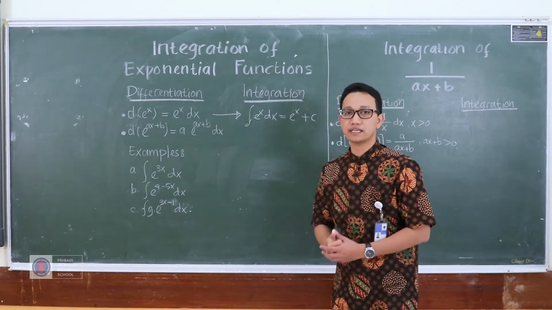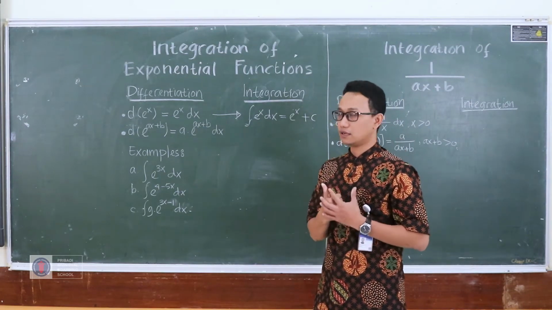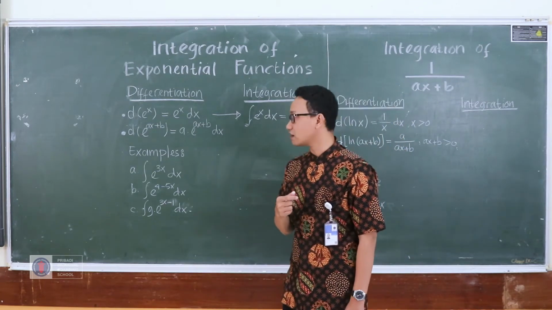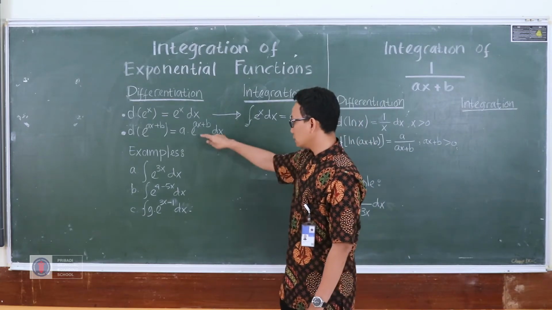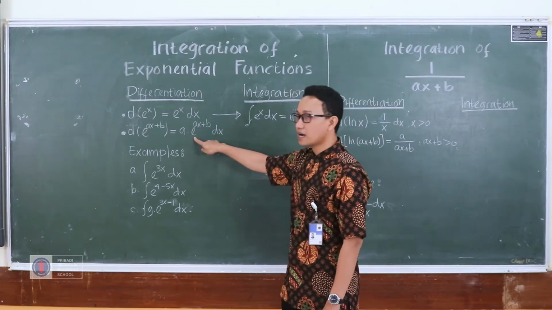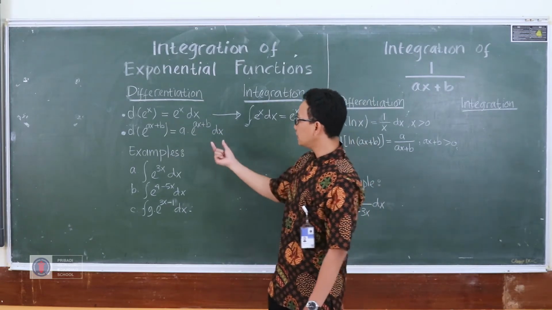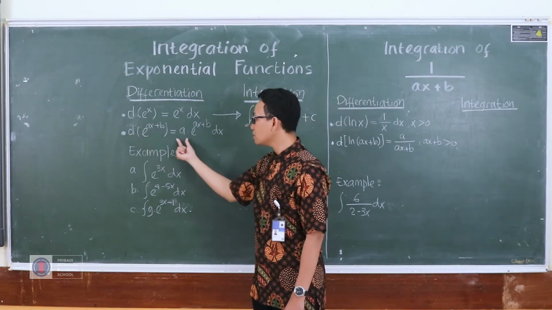And then, how about if the exponent or the index is not only x? All right? So here you know that the derivative or the differentiation of e to the ax plus b equals a multiplied by e to the ax plus b dx. Okay, you know that these terms are similar with the function, right? But how about a here?